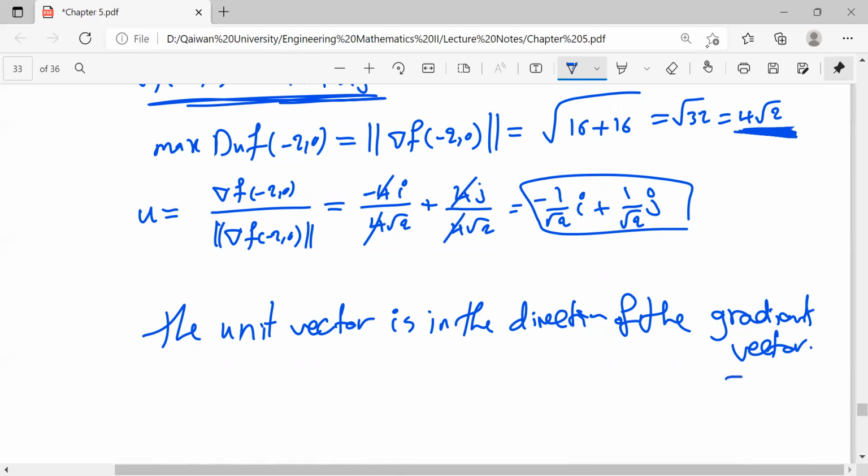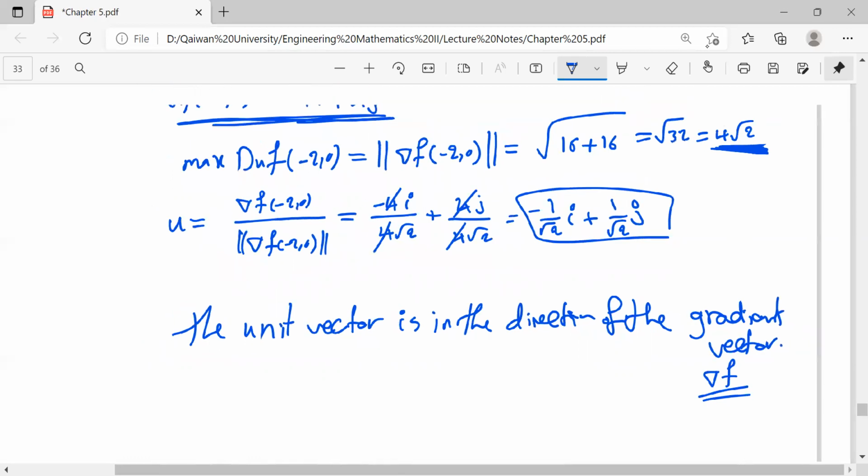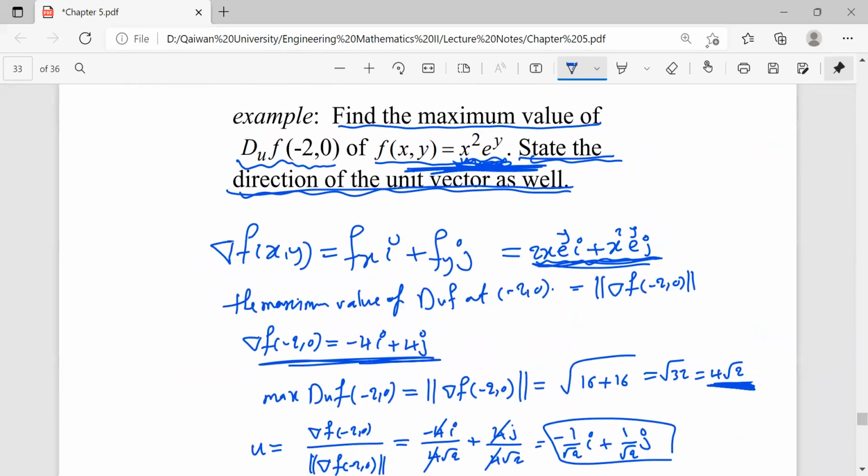Okay, this is the answer for this example.